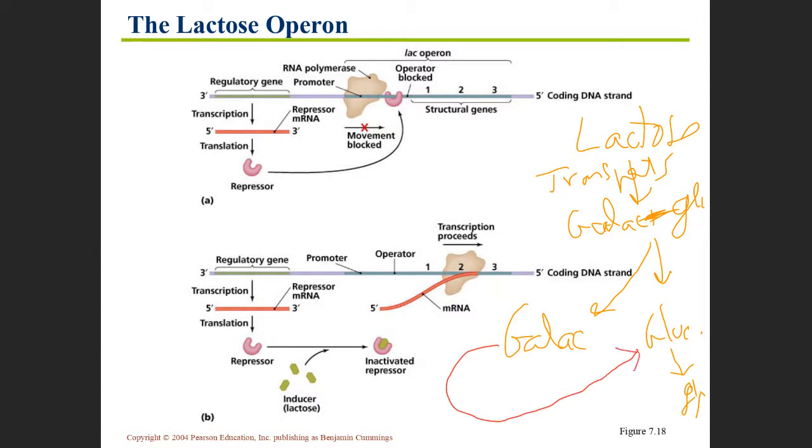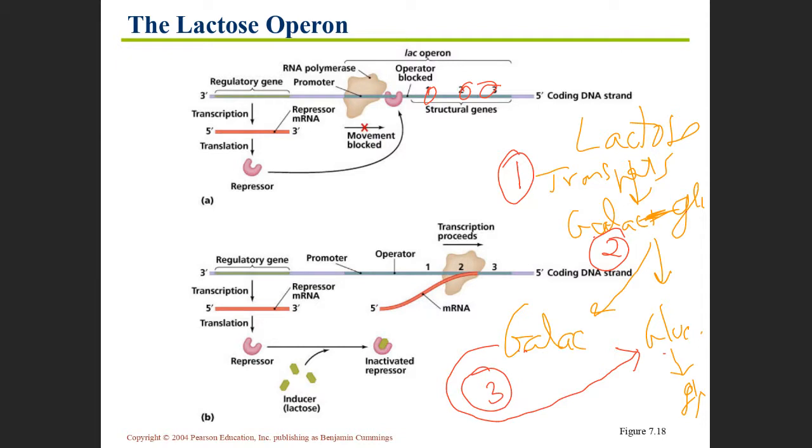So now we need another enzyme to change galactose into glucose, and now it can go into glycolysis. So we need a transport enzyme. We need another enzyme that breaks up galactose and glucose, and then a third enzyme that converts galactose into glucose so that it can be catabolized and used for energy. So those are the genes that are part of the catabolism of lactose.